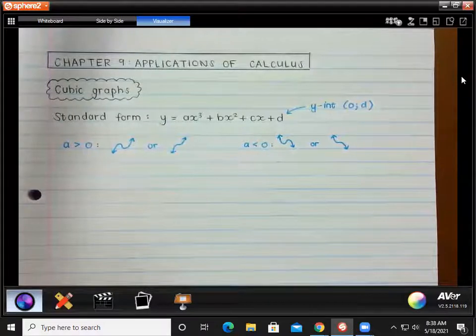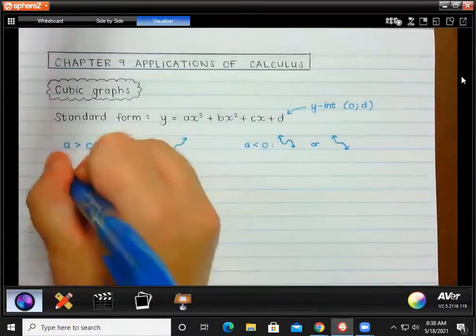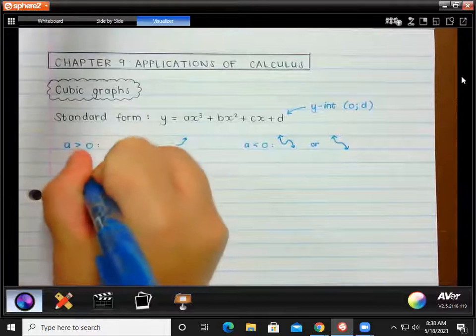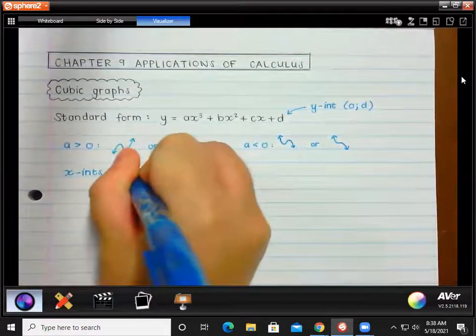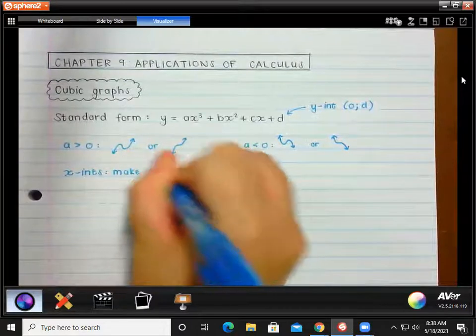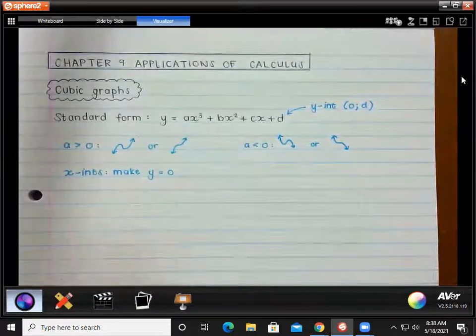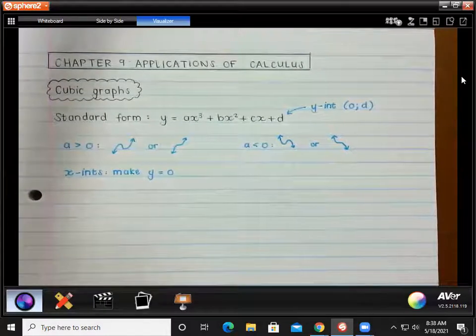To get your x-intercepts, what will you do? Make y equal to 0, same as with any other graph. So you're going to have a cubic equation. That means you can possibly get up to 3 x-intercepts, because if you're solving a cubic equation, you could get 3 different x values.